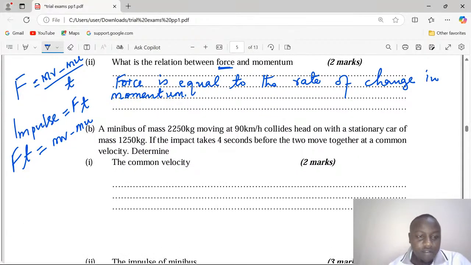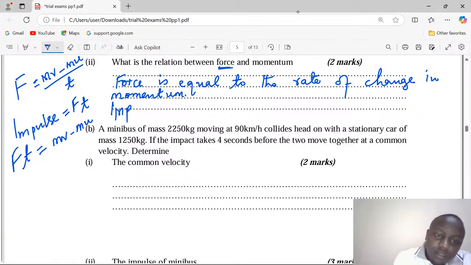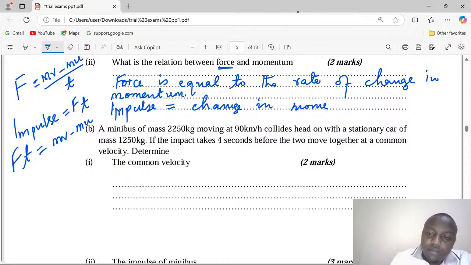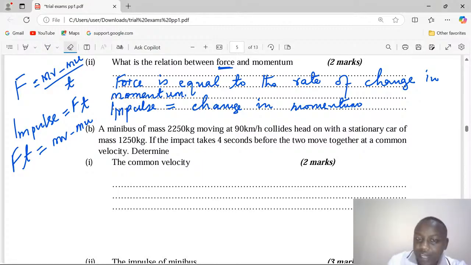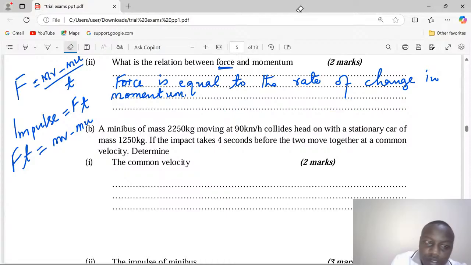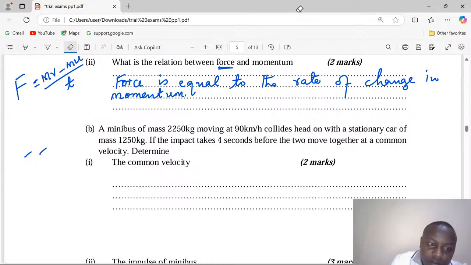And for this case, we will say impulse equals change in momentum. So the difference between force and impulse is that force is the rate of change in momentum, but impulse is just change, not rate, just change. This one was not part of the question. I was just reminding you something in Form 3 physics.